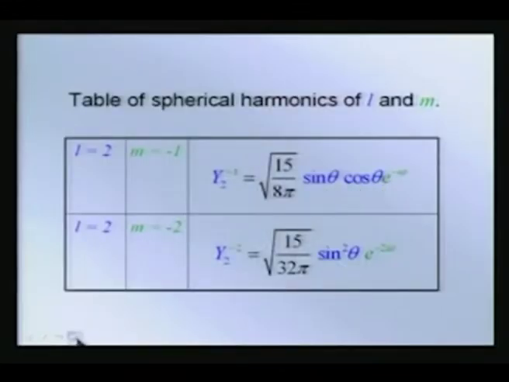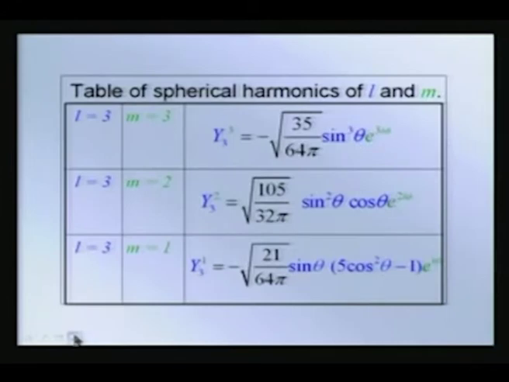What about L equal to 3? L equal to 3 is possible only when you have n equal to 4. And if you remember the periodic table, lithium is 2s, sodium is 3s, and then potassium is 4s.